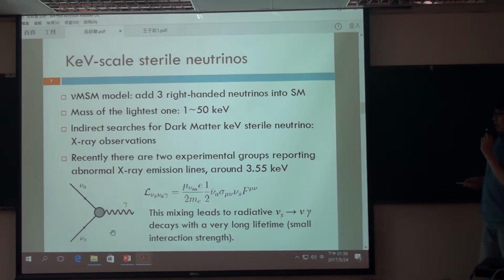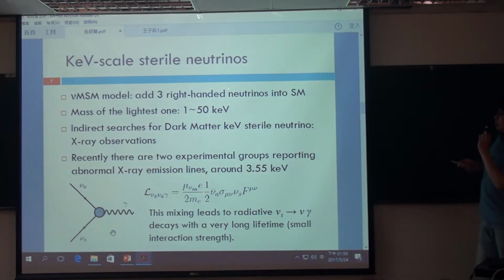It's because some experimental groups show that there is an abnormal X-ray emission line at around 3.55 keV in the universe. So there may be a scenario of the sterile neutrino decaying to a normal neutrino and a photon.